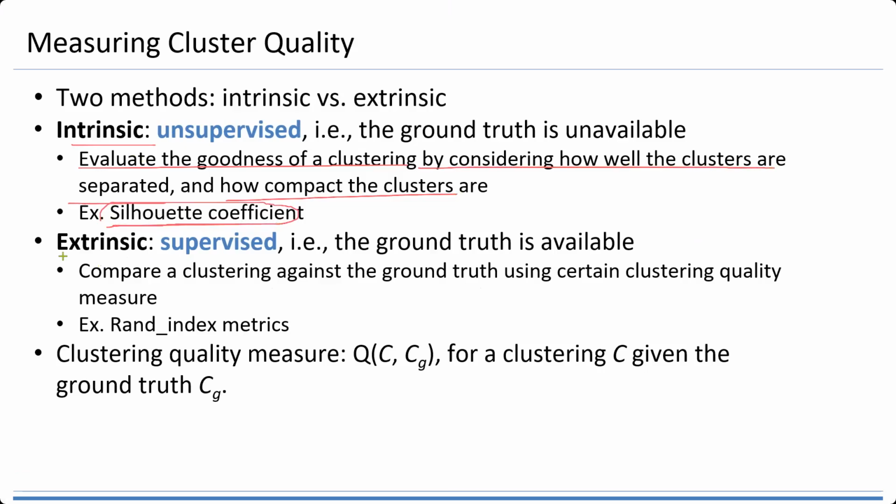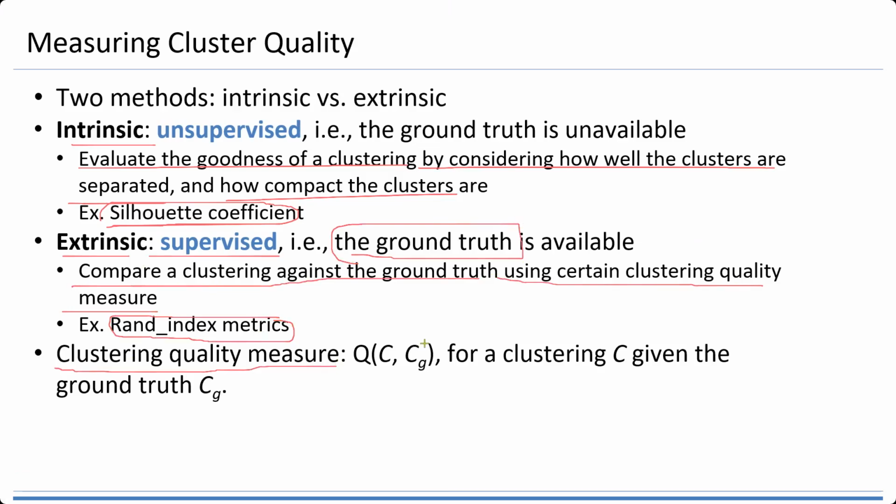But for the extrinsic or supervised, we need to check with the ground truth, because we have the actual label. We compare a clustering against the ground truth using a certain quality measure. So today we are going to learn one metric, which is the Rand index metric.